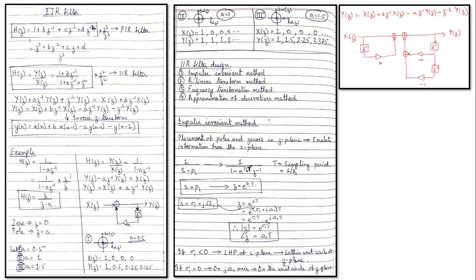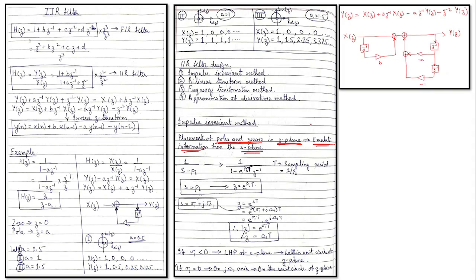Now coming to the impulse invariance method. Herein we design the filters by placing poles and zeros in the Z plane. And how do we do that? We do that by emulating the information from the S plane. Okay.